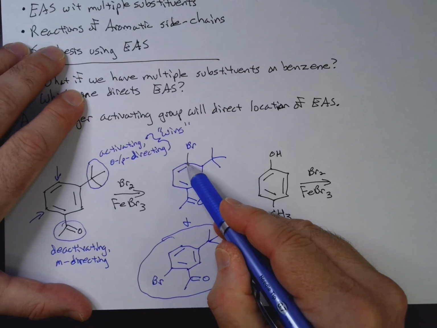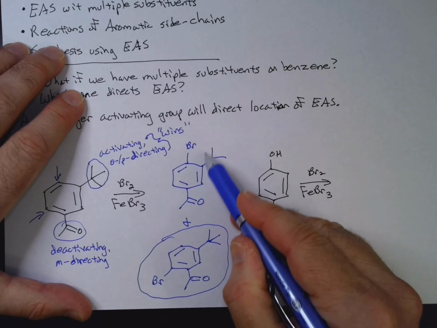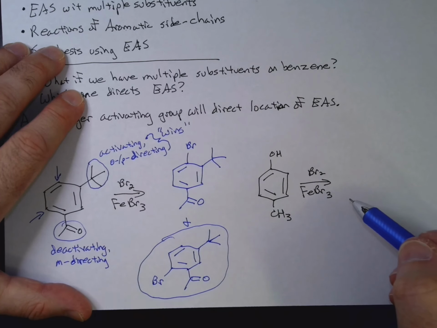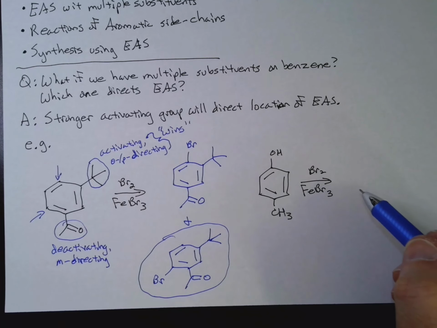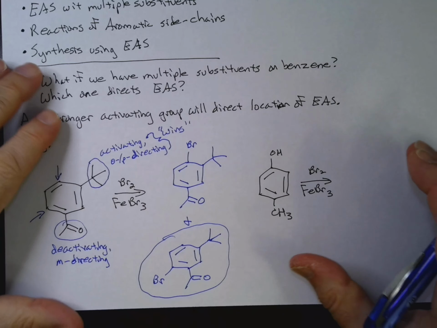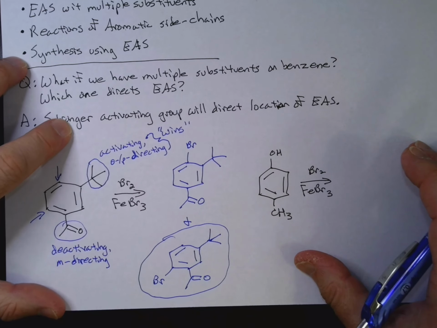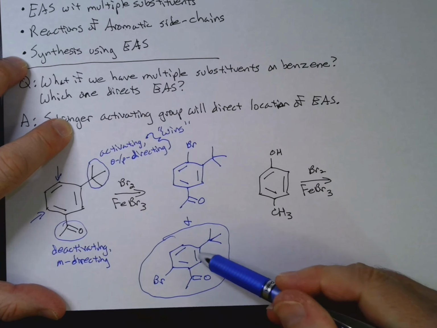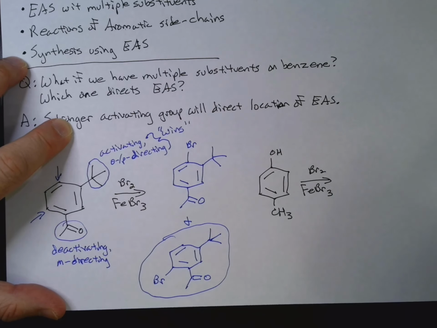So substituting at the ortho position may be somewhat sterically hindered by the t-butyl group. If you drew either of these, that would be okay. If you're trying to use it in synthesis, you'd actually expect more of this product than you would of this product.